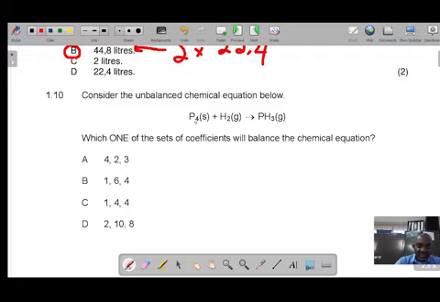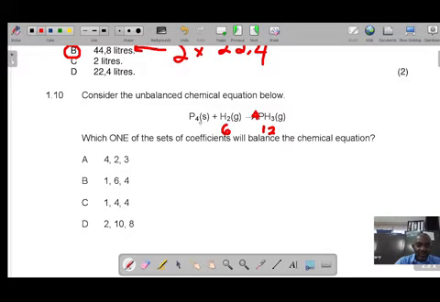Because I've got this 4 here, I have no choice but to put a 4 here. The moment I put a 4 here, this 4 applies to the phosphorus as well as hydrogen. So what is 4 times 3? It is 12. So I've got 12 hydrogen this side. But on the other side, I only have 2 here. How do I make the 2 become 12? By multiplying by 6.